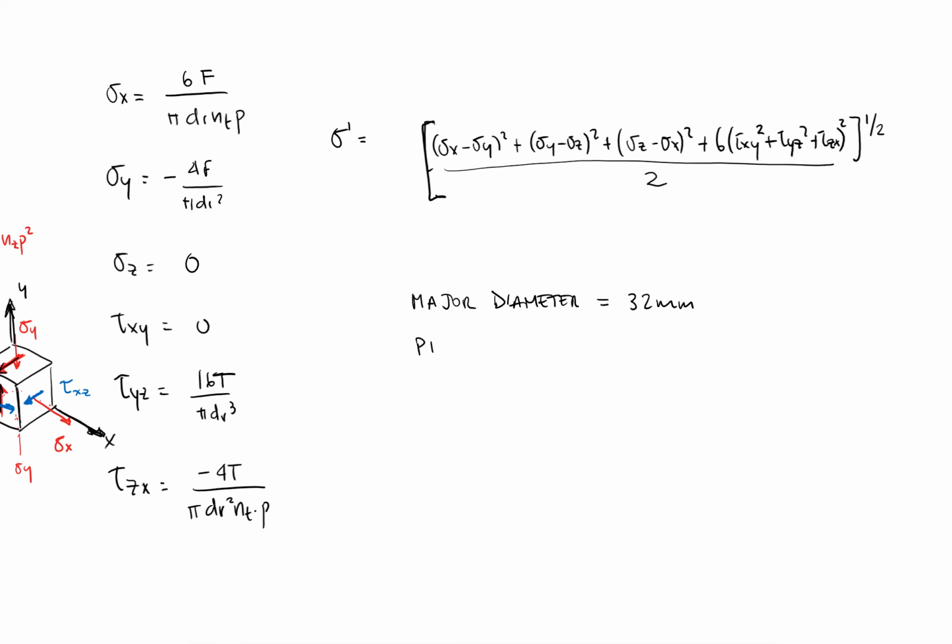You can measure the pitch, the distance between one thread and the next: 4 millimeters. And for all of this, to calculate the correct forces and therefore the correct stresses, you would definitely need the friction coefficients.